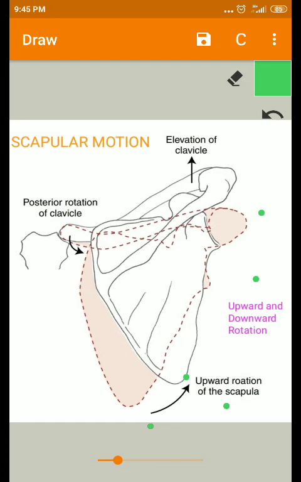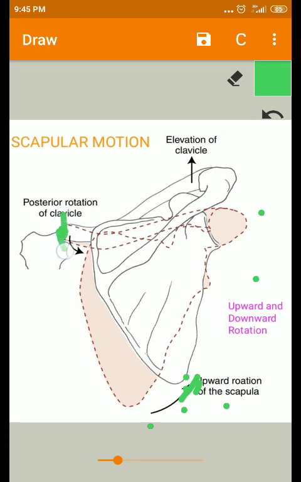So what are those movements? During upward and downward rotation of the scapula, this one is the upward rotation and this one is the downward rotation of the scapula, it is contributed by the sternoclavicular joint posterior and anterior rotation.